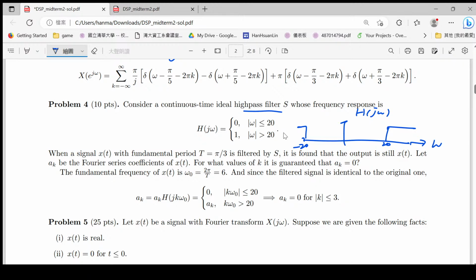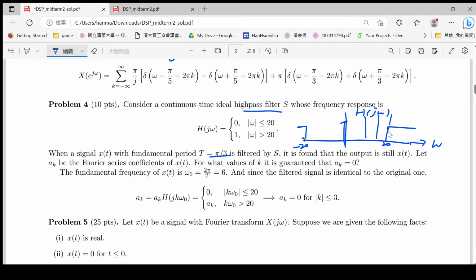And we are saying that we have a periodic signal with fundamental period T equal to pi over 3, so on the frequency domain.